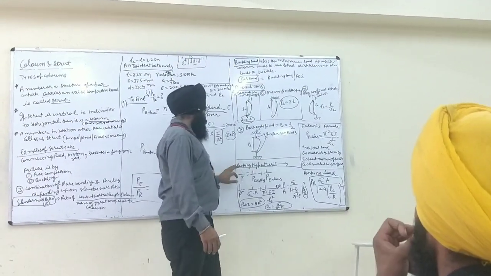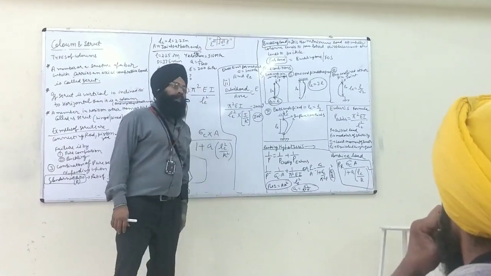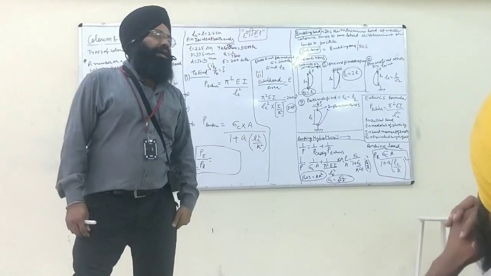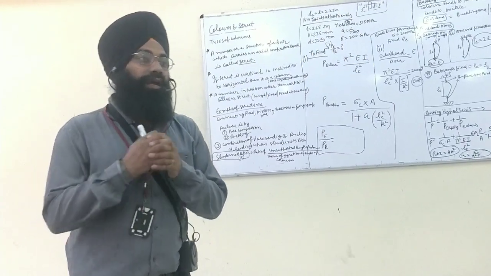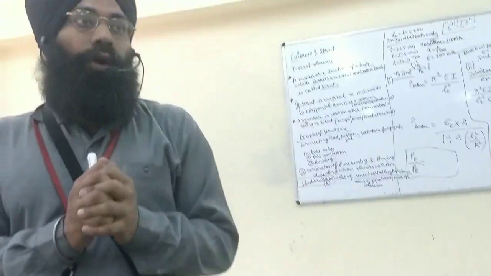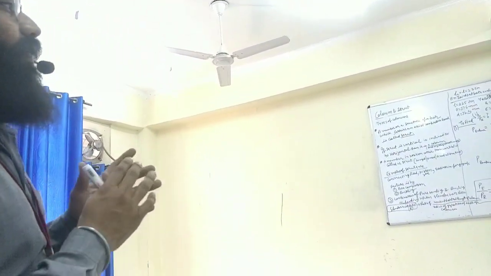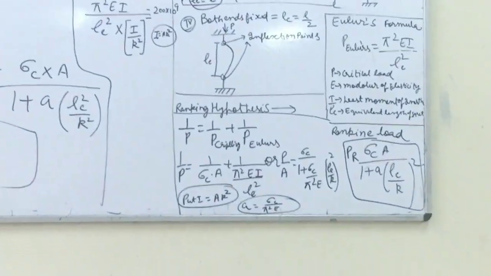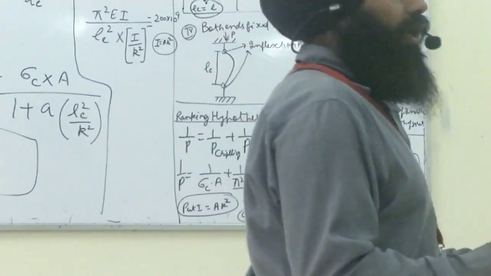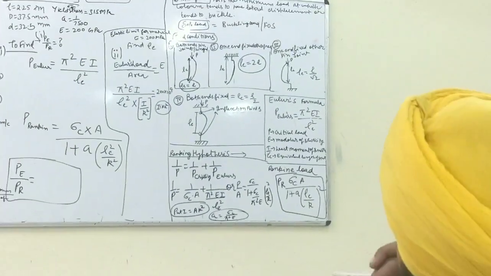Just first complete the Rankine hypothesis. Rankine hypothesis includes how to calculate the Rankine formula. In the Rankine formula, basically we are calculating the load. For example, in the Euler formula we were calculating the load, that is the Euler's load.